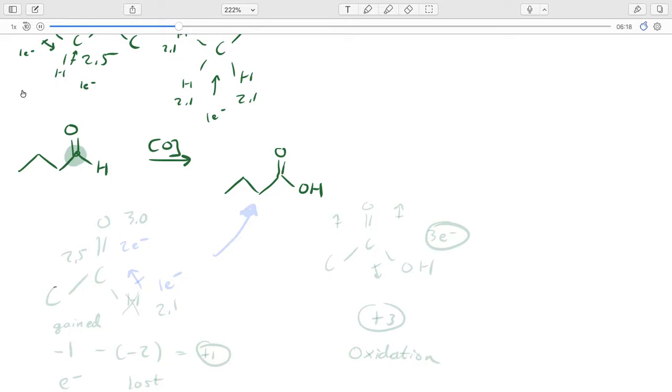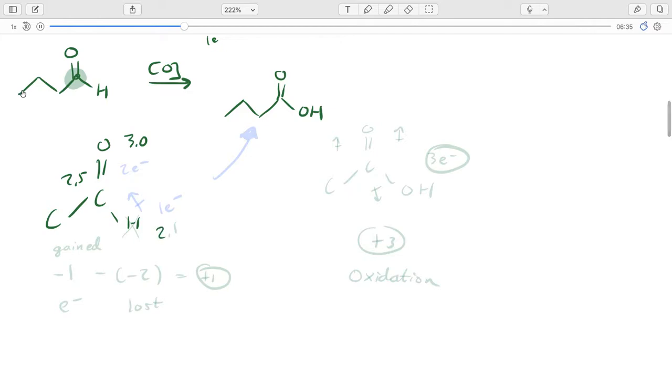So we've got carbon, carbon, oxygen, oxygen, hydrogen. Carbon-carbon does nothing, but what does the oxygen do? It's a lot bigger. I think it's 3. Carbon, oxygen, yep, it's 3. So with each of the oxygen bonds, we say that it's pulling away 2 electrons because it's more electronegative than carbon. And with hydrogen, it's just going to donate its 1 electron. So here we say the state is -1.